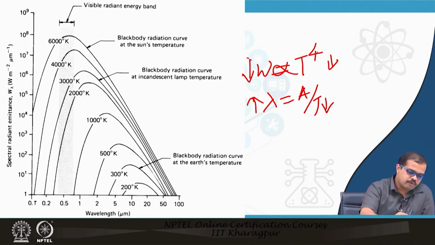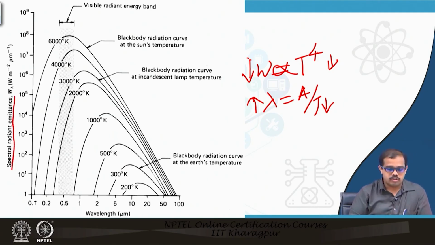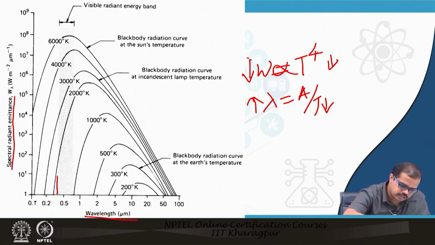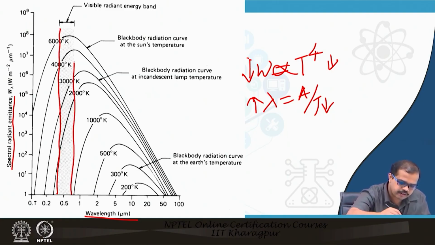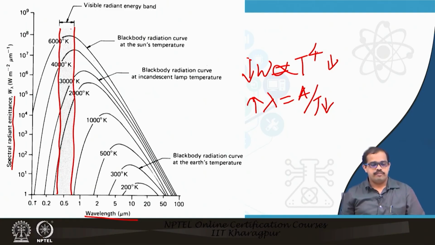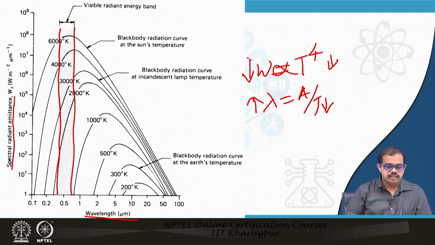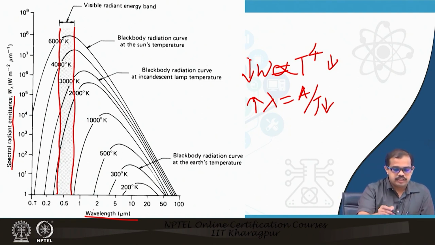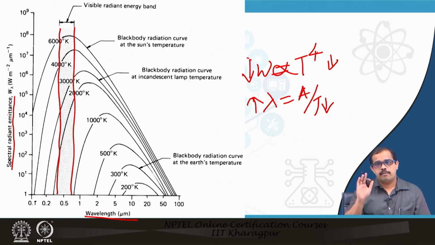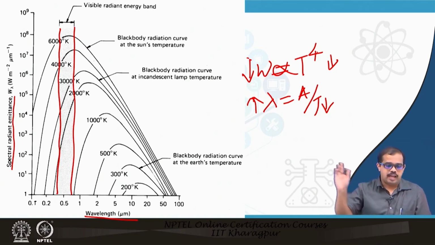Now, I have plotted a curve of spectral radiant emittance versus wavelength, and this is exactly where the visible wavelength is. The temperature here is that of a black body. A black body is a hypothetical body that has complete absorption and complete emittance.